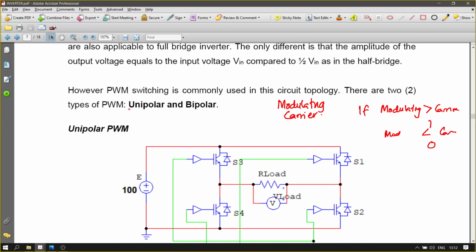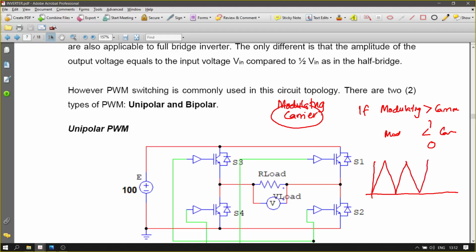Okay, what differentiates unipolar and bipolar PWM is that for unipolar, the triangular carrier signal only has positive values.